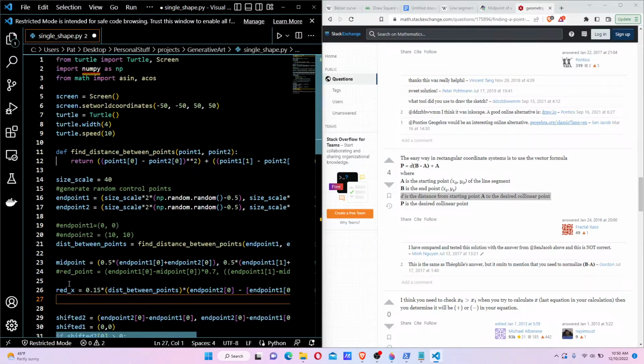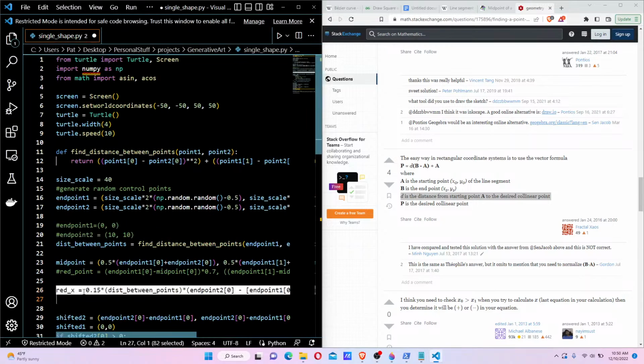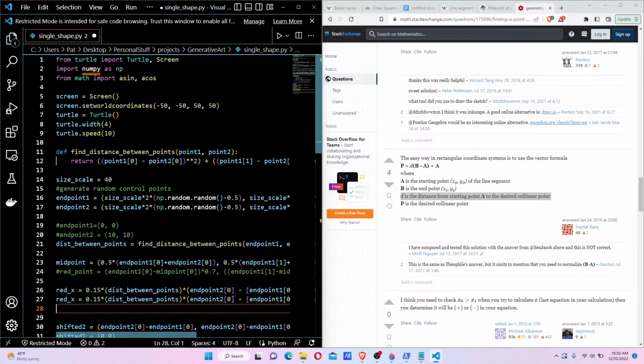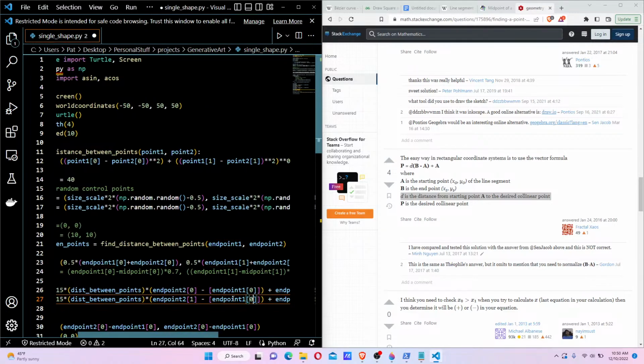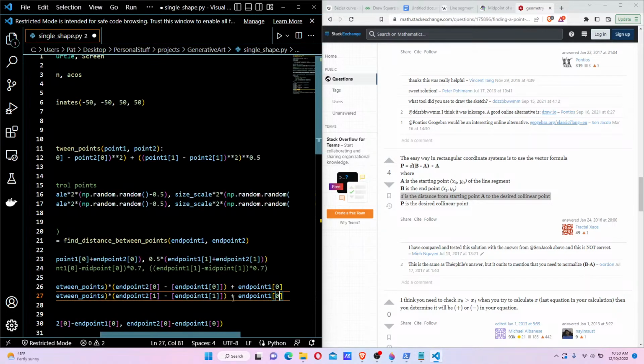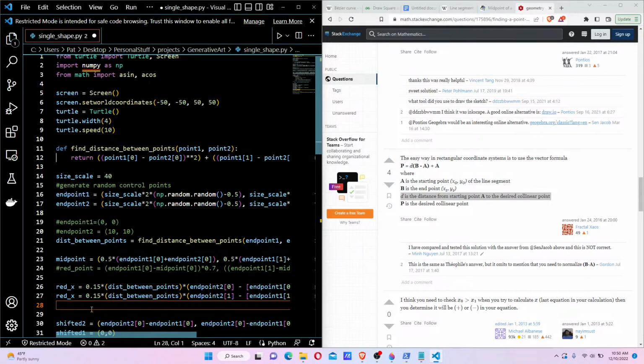Now, to get y, it should just be exactly the same thing. Okay, 1 of 1, and then red point is equal to red x, red y.